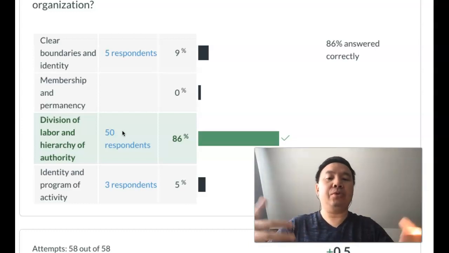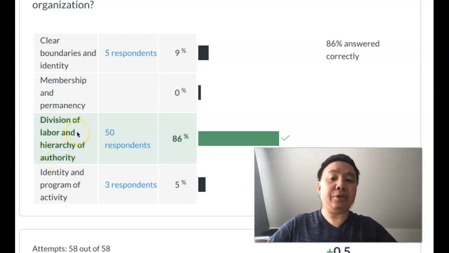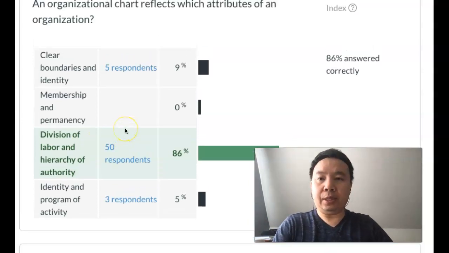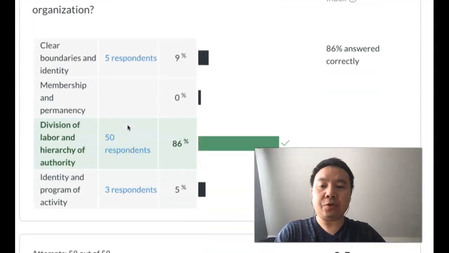So who do you report to? They show the hierarchy of authority. They also show the division of labor, letting you know which department you belong to and what job responsibilities these positions have. So this is the first question.